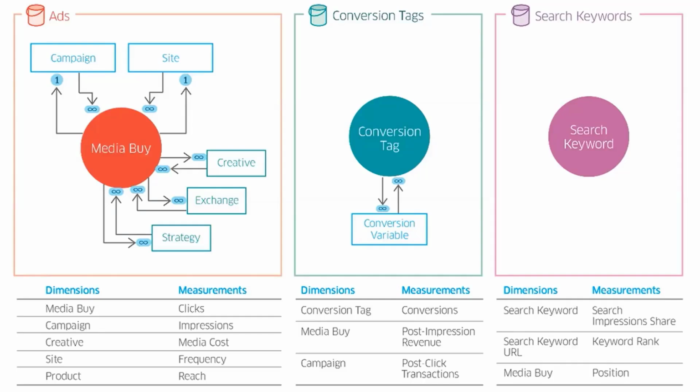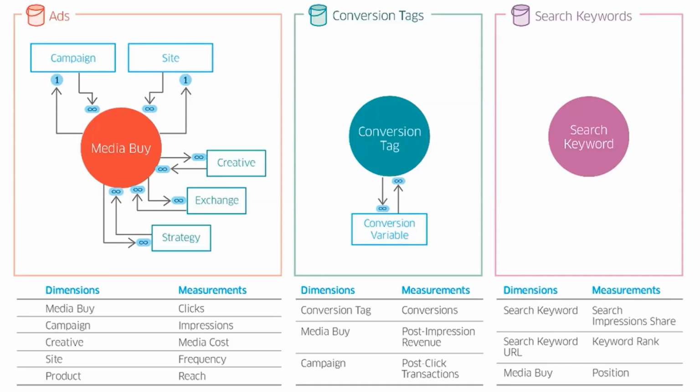We were talking in the previous slide that we bring all the data sets together by means of the shared entities, and over here we see that media buy is one of the shared entities. If we map it together, we can get access to all these dimensions and measurements.